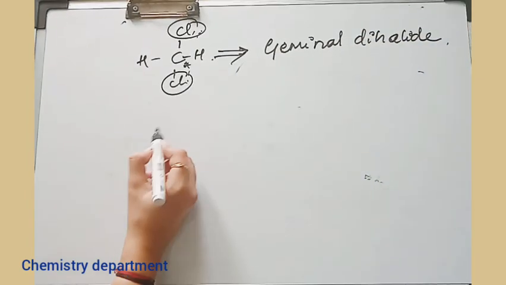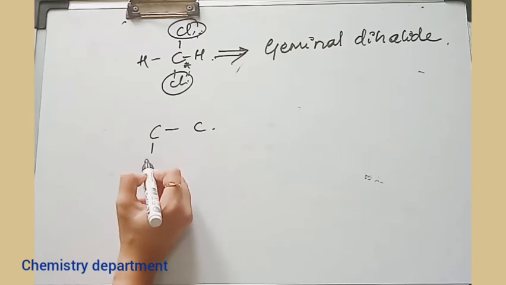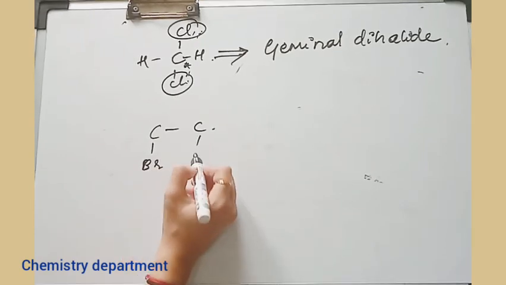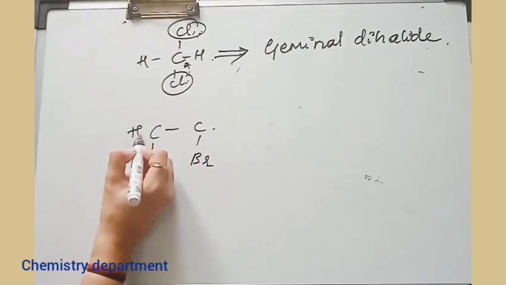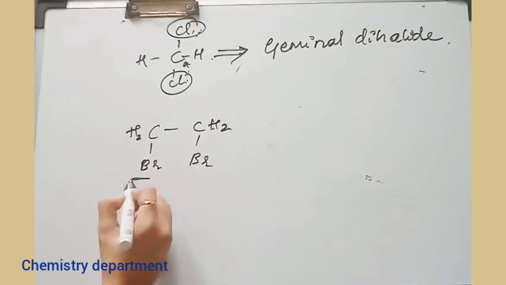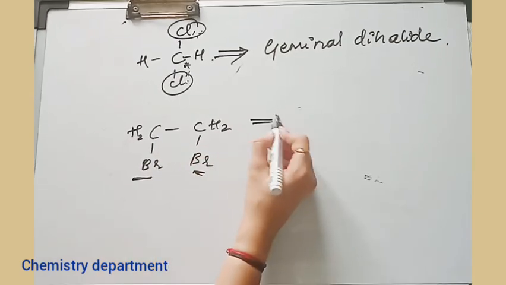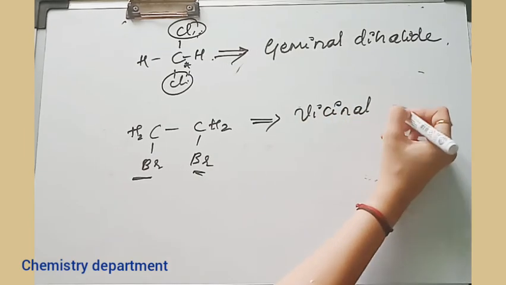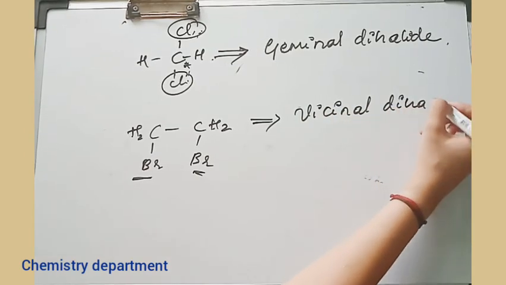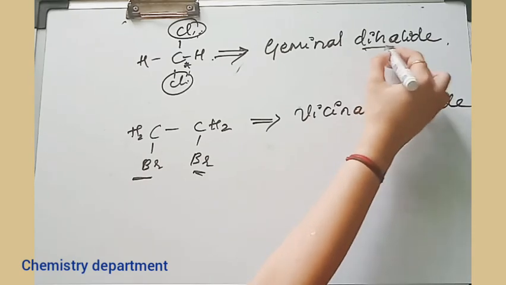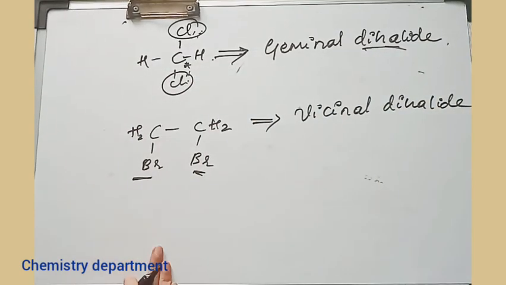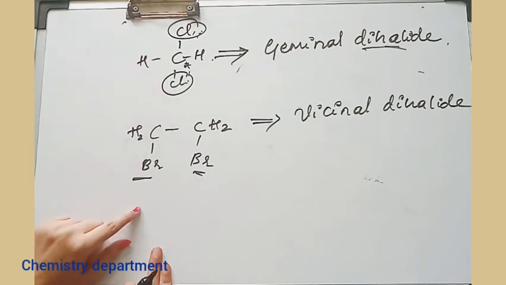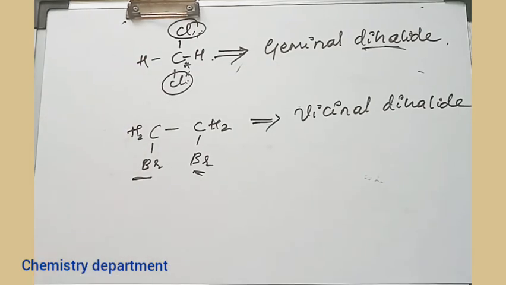Okay, if the two halogen atoms are present on the adjacent carbons, you can see this one, this is called as vicinal dihalide. Okay, so the halide here is chloride, it is called as geminal dichloride. This is called as vicinal dichloride.